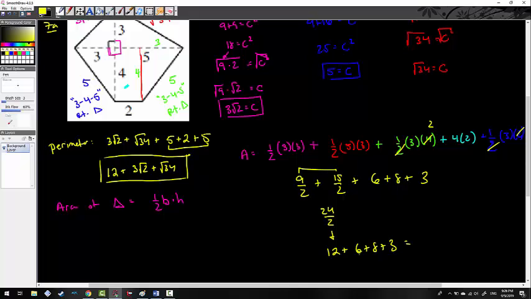So 12 plus 14 is going to get me 26, plus 3 gets me 29. And that, I believe, is your final area.